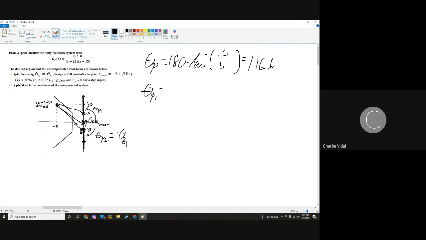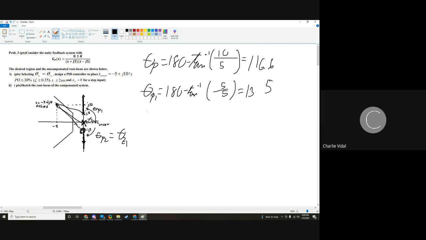Theta p1 is equal to 180 minus the inverse tangent of 5 over 5, which is 135, because it's basically just inverse tangent of 1.